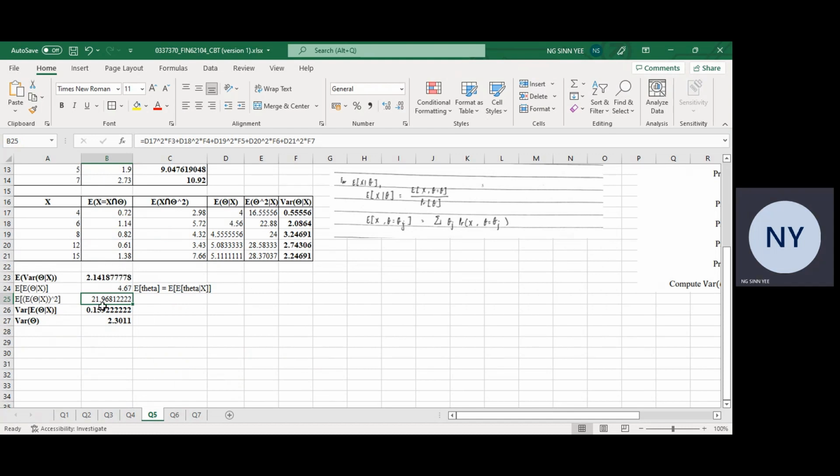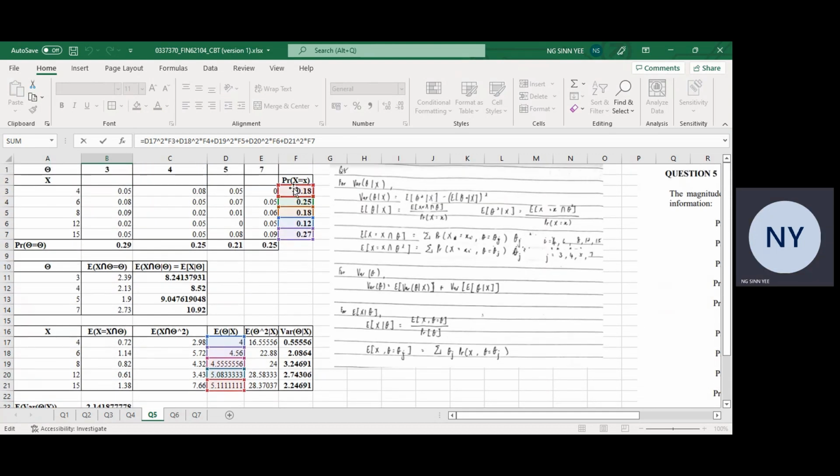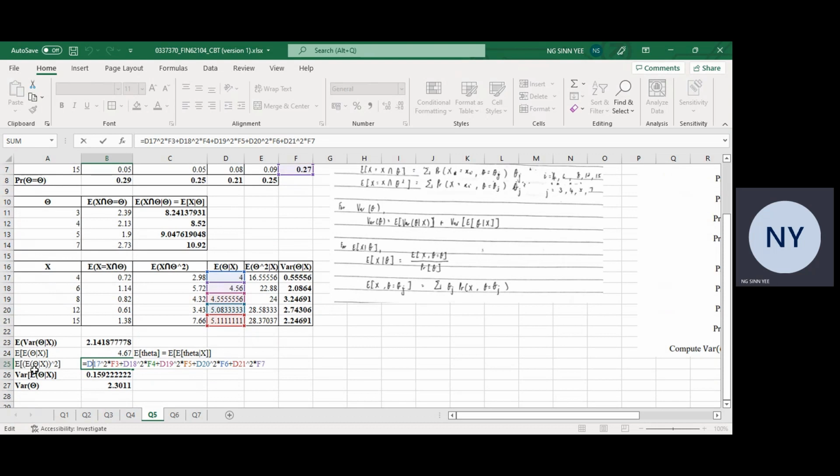After that, to get this square value, we just need to use the expected value of data conditional on X times the probability of X equals to X, and actually we need to square the value of the expected value of data conditional on X. We need to square this value because we are finding the expected value of the conditional expected value of data squared.